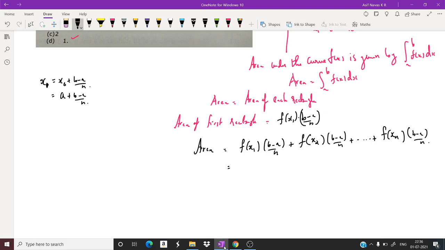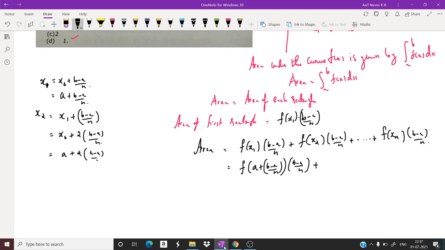So this is f of a plus b minus a by n into b minus a by n, plus x2, which is x1 plus b minus a by n, so x2 is equal to x0 plus 2 into b minus a by n, which is a plus 2 into b minus a by n.